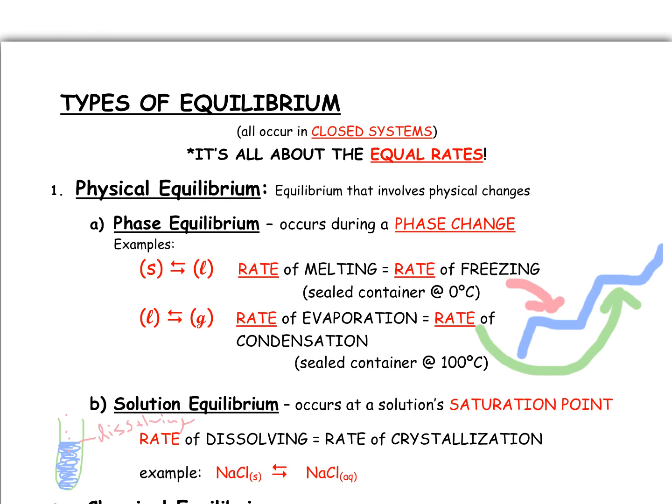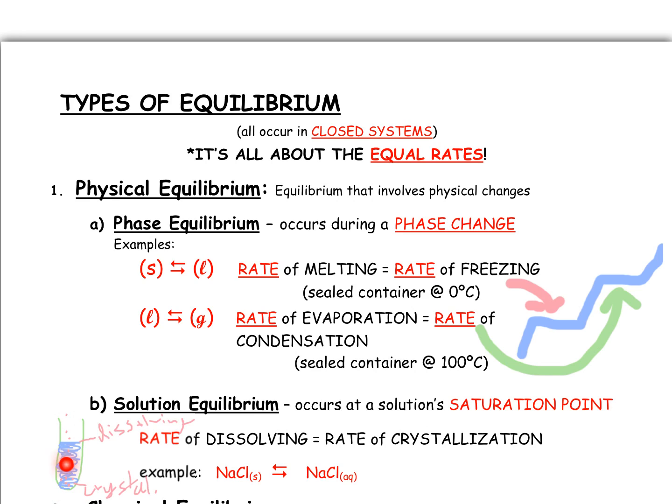But because we're at the saturation point, because the solution can no longer hold any more solute, then we also have at the bottom here crystallization. And these are equal rates. Okay. The speed at which we dissolve the solute up here is the same speed at which we produce crystal down here.